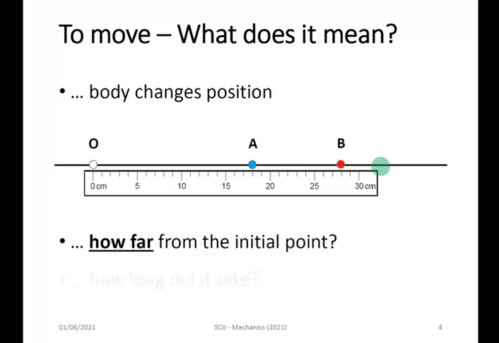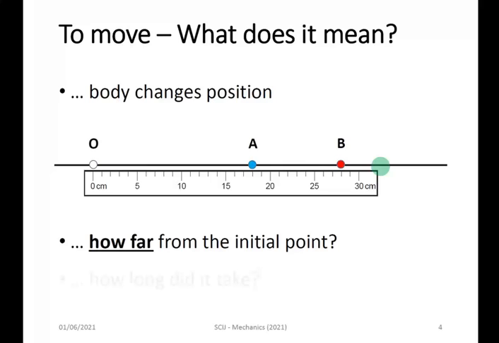Now, this position changing is not like magic, whereby the object just disappears from O and reappears in A or B. No. It may have to travel some distance. And it is not enough to say it has moved. Many of us will want to find out how far the particle has moved.